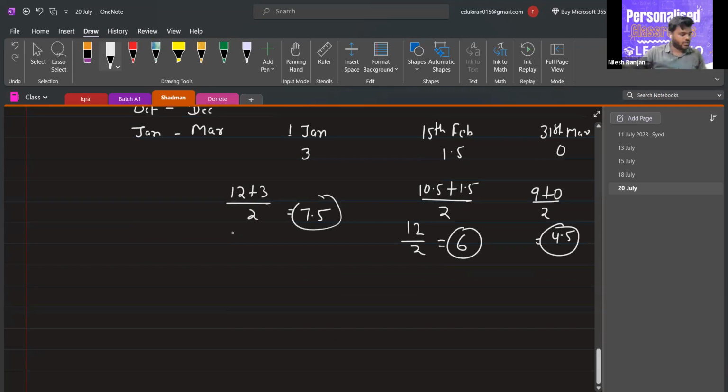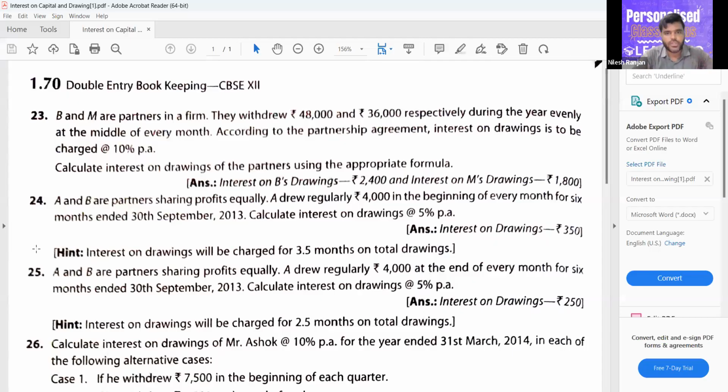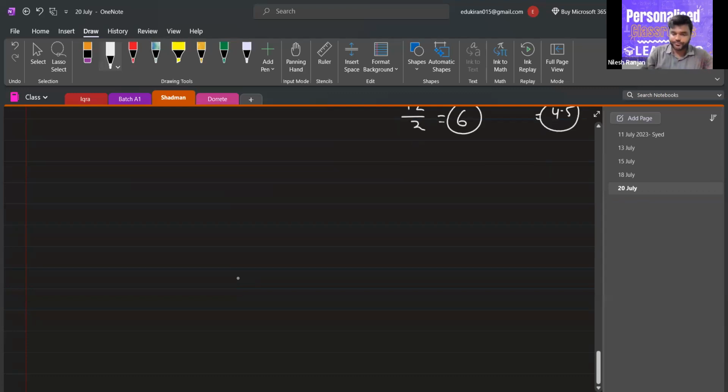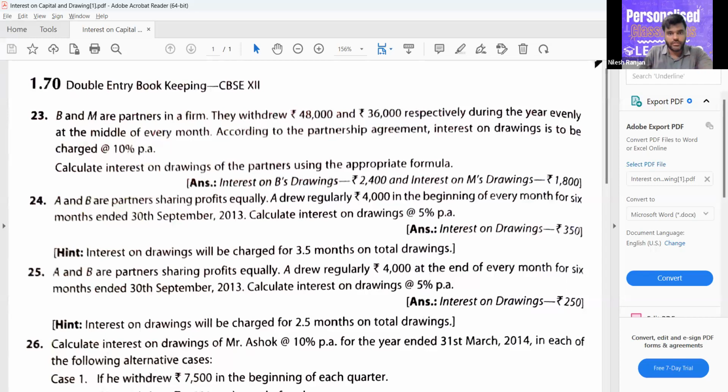Now, there is some question related with this. You can see here, question number 23. It is very simple. They withdraw 48,000 and 36,000 respectively during the year, evenly at the middle of every month. So if it is middle of every month, then 48,000 into the rate of interest, 10%.